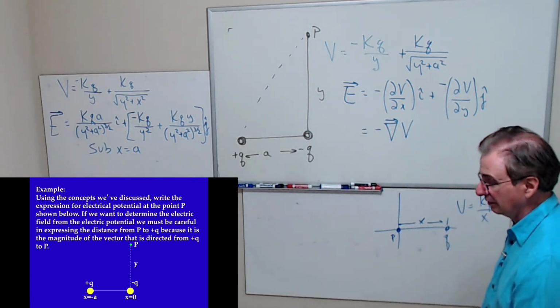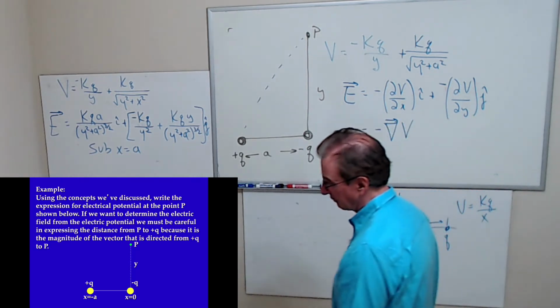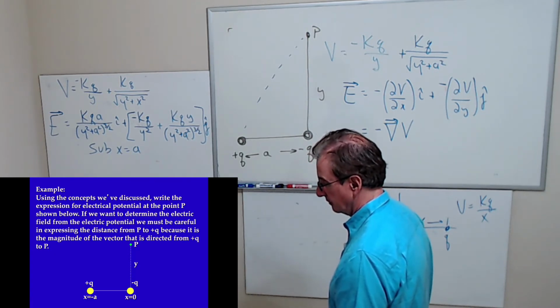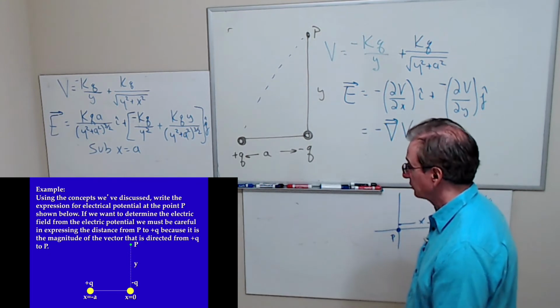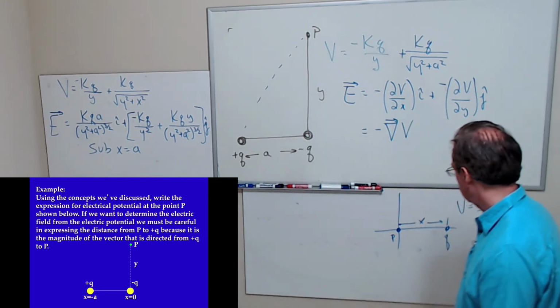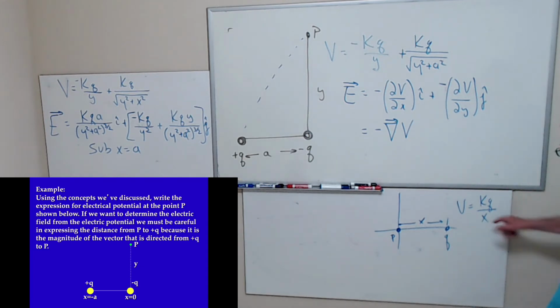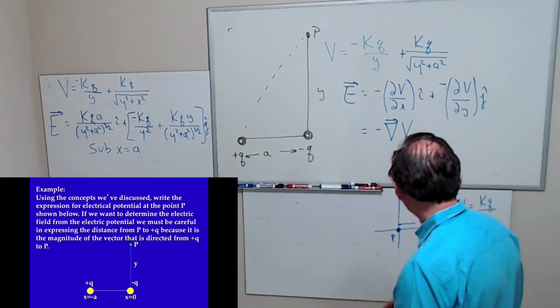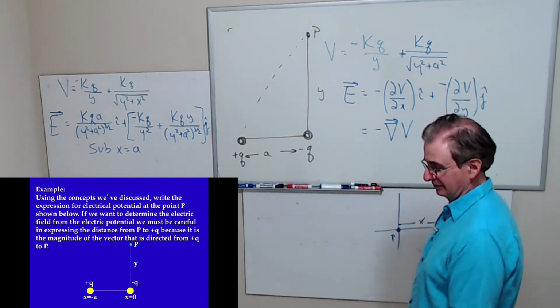So that should be an A, not negative A, sorry. Because I was taking into account the signs when I derived these equations, that should be an A. So go ahead and think about that one. Okay, and if you see anything puzzling, just email me.